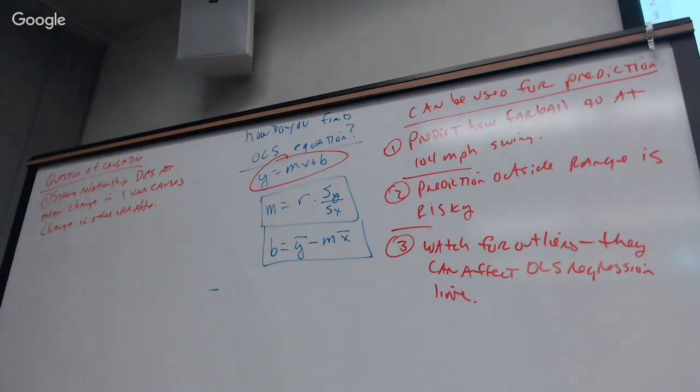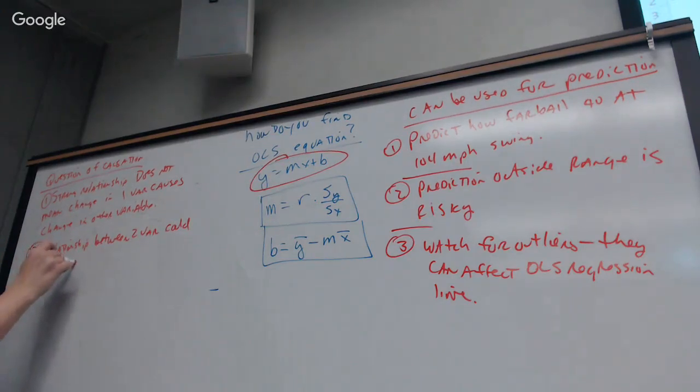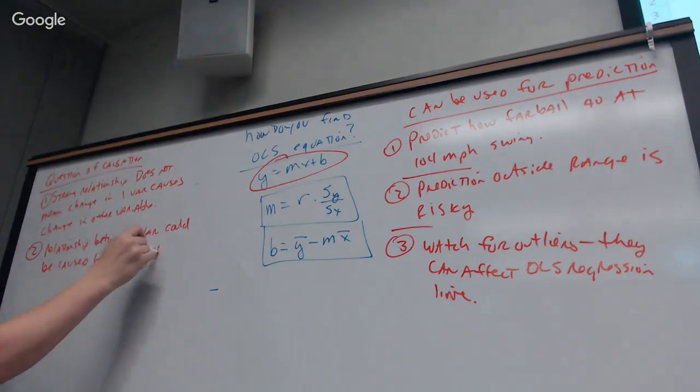No. If you outlawed ice cream, all of a sudden they wouldn't have stopped the polio cases, right? So remember, correlation does not mean causality. And the reason why is because the relationship between two variables could be caused by lurking variables.